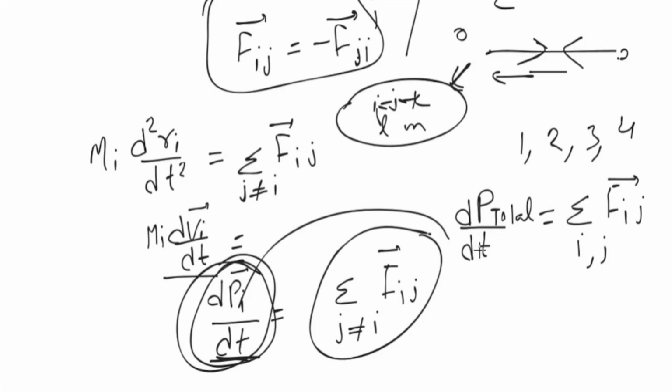Total momentum of all the particles it tells us, and here the sum is over i and j.